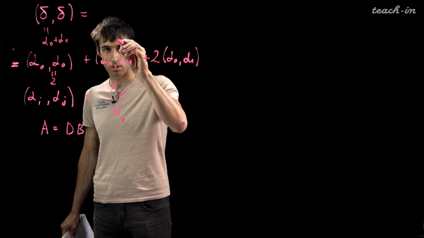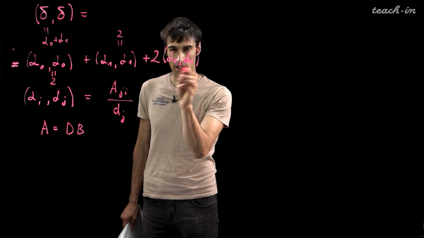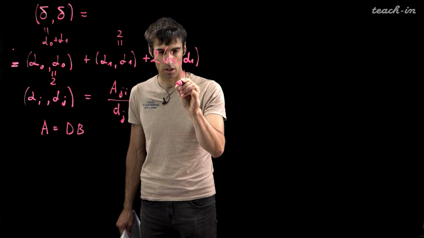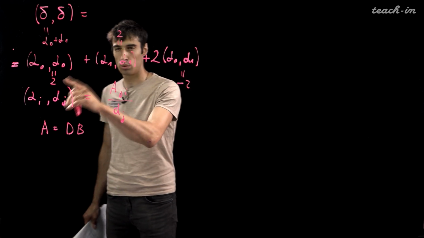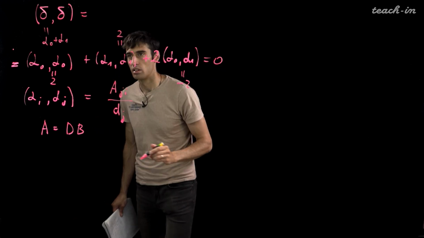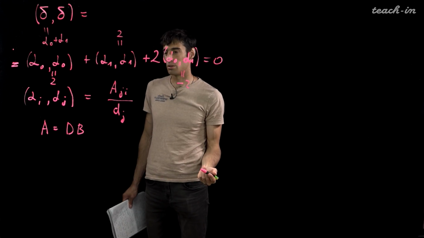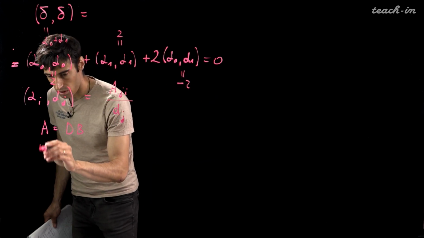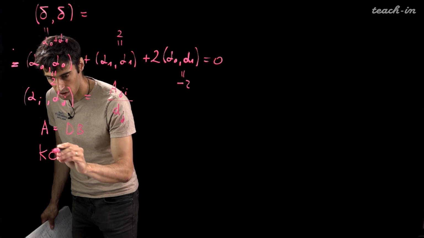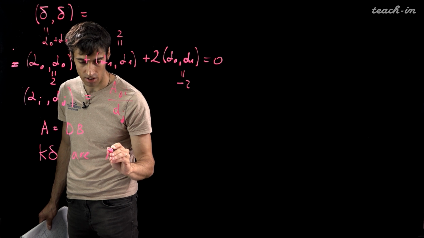This is the 1,1 element, which is also 2. And this is an off-diagonal element of the Cartan matrix, which is negative 2. So we have 2 plus 2 minus 4, which is 0. Therefore delta with delta is 0, and so all roots of this sort, k delta, are imaginary.